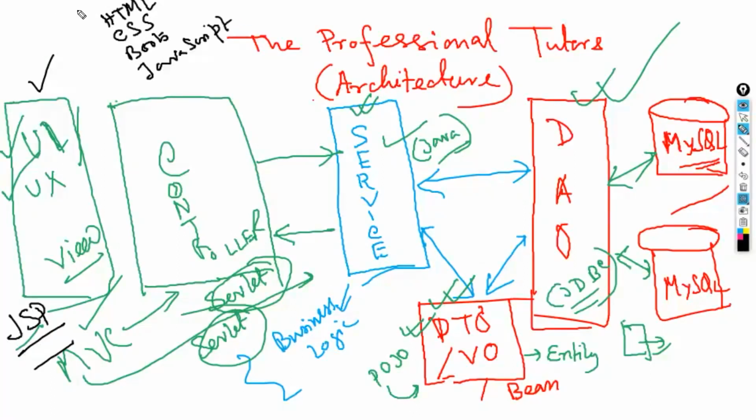So these are the things that will be used in the view layer, and also Java code is included in JSP. JSP means Java plus HTML, CSS, Bootstrap, JavaScript, everything together. So this is the entire technology overview for all of you.